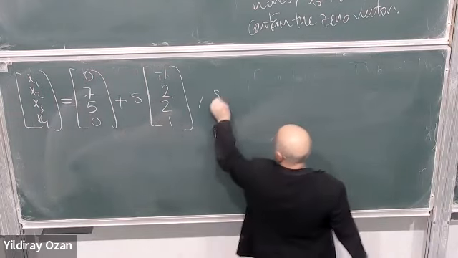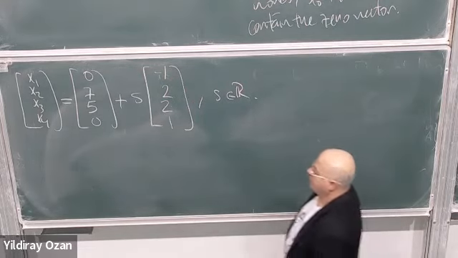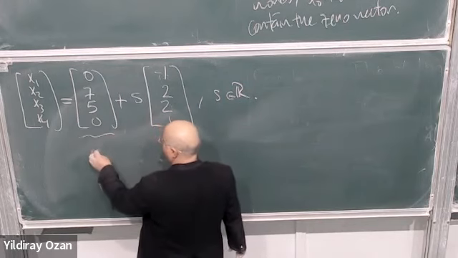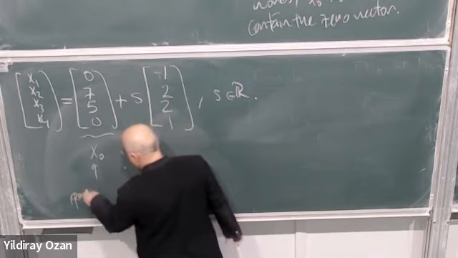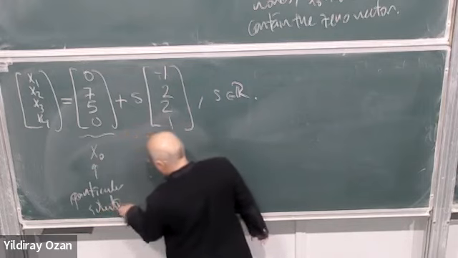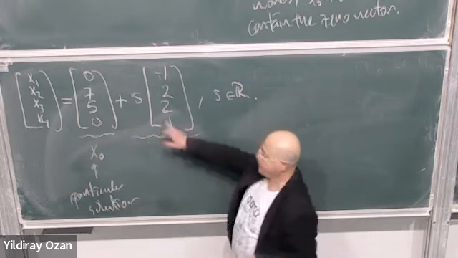Okay, and s is any real number. This is just my particular solution. And this is just the s times this vector.